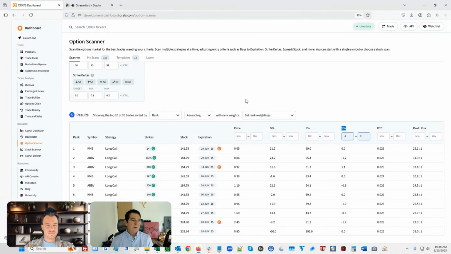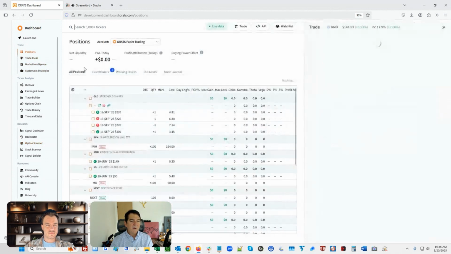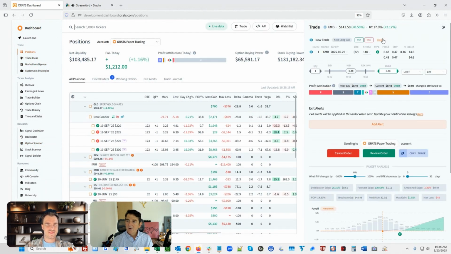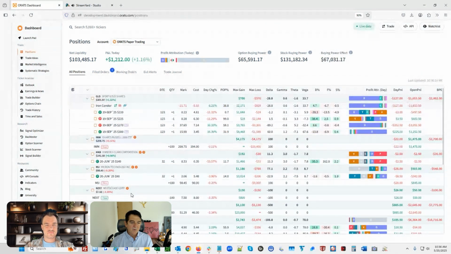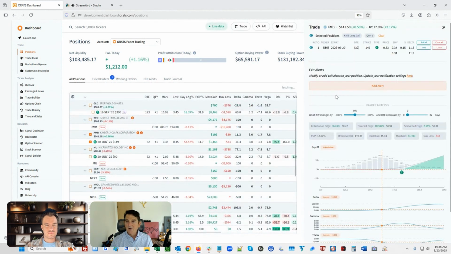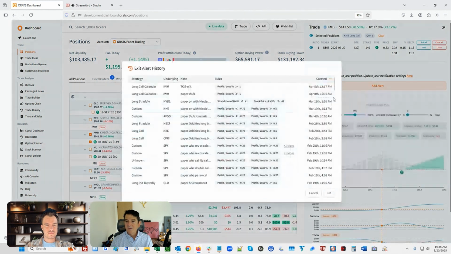And then we did get a trade on in KNBE. What I'll do in this one is give myself an alert, so I'll want to trade out of it if we lose 75 or 50.